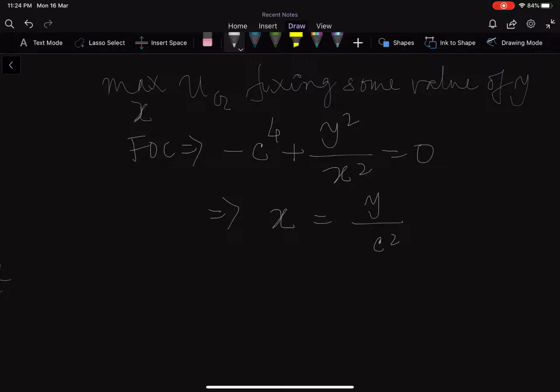This is the best response function of the government. So for any given level of y, this is the optimal amount of x that the government would choose.